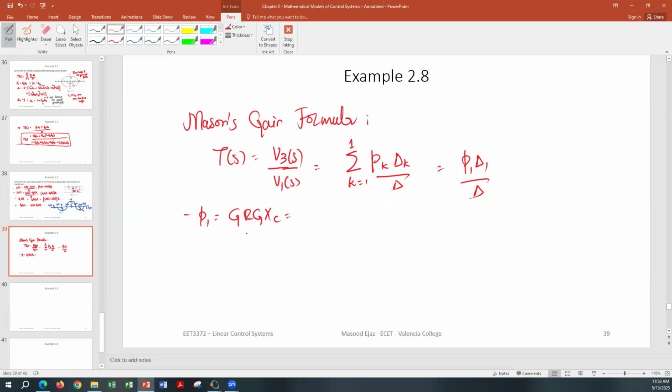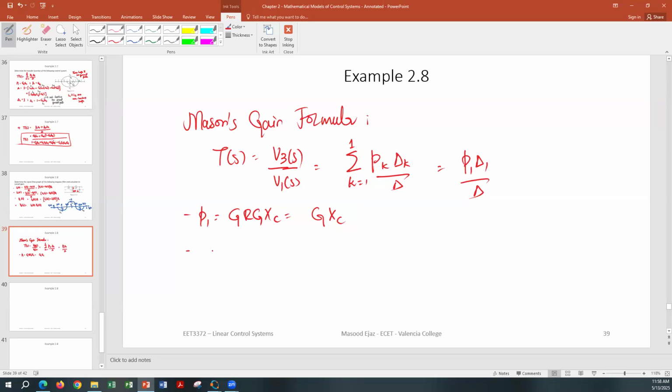Now R and G are reciprocal of each other, so I'm just going to cancel these, R times G. So that's going to be simply G times X_C. That's the gain of my forward path.